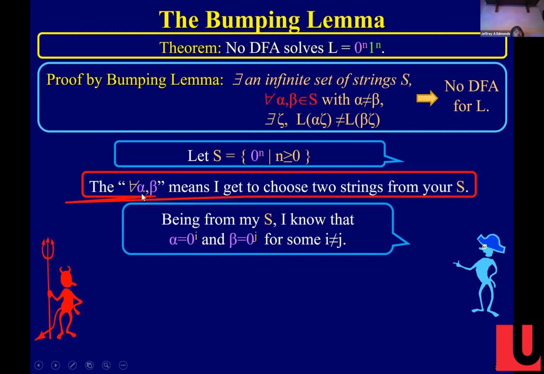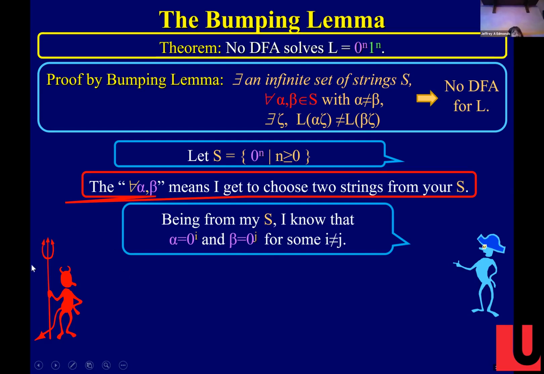We know they're from S, so we know they're strings of zeros. So let's say alpha is the string with i zeros, and beta is the string with j zeros. And we know that they're different, so i doesn't equal j.